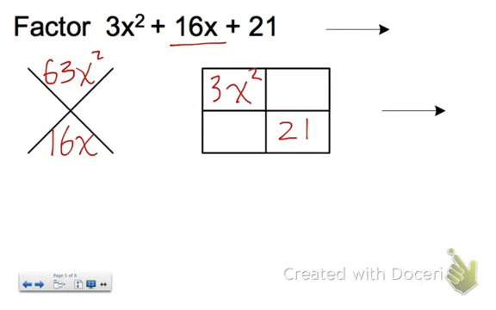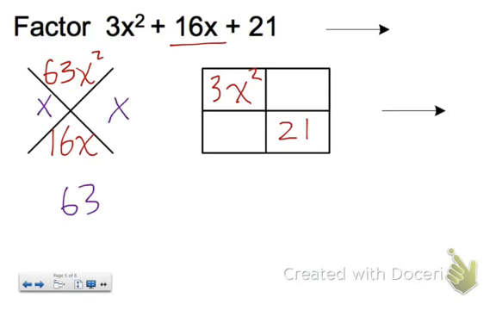And then I'm just trying to figure out what two terms, when multiplied together, give you 63x squared, and when added together, give you 16x. Well, the easiest way to think about this, you're just going to have two terms with x, but we're trying to figure out what those number coefficients are.